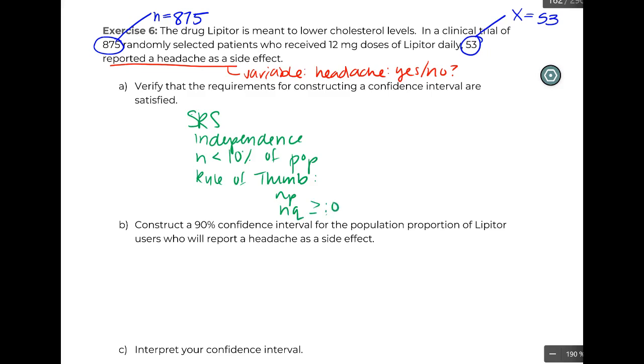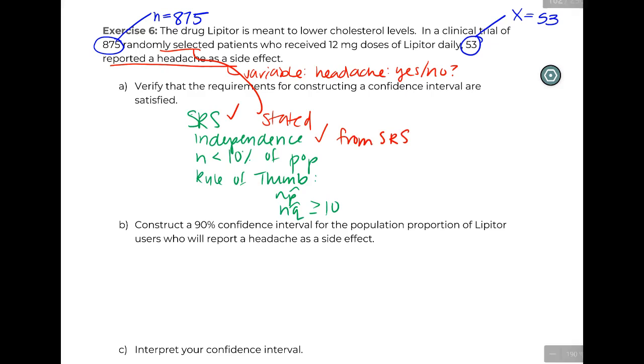And since we are in a situation where we don't have a P and a Q, we're going to use P hat and Q hat. And so then we go through and check each of those. So simple random sample, yes, we got randomly selected, stated. Independence. Yep, we get that from our SRS.